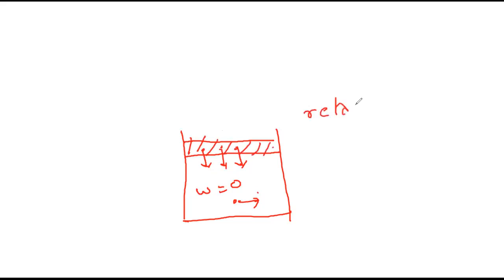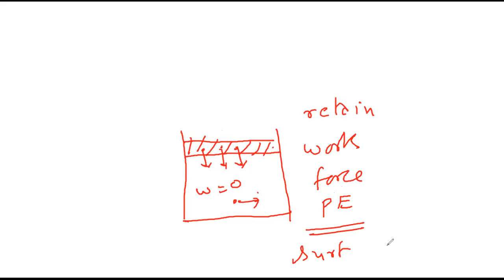Hence, to retain itself, the molecule has to do work against the force. This work done is stored as potential energy on the surface, called surface energy. Okay, have you followed the meaning? Yes, sir.